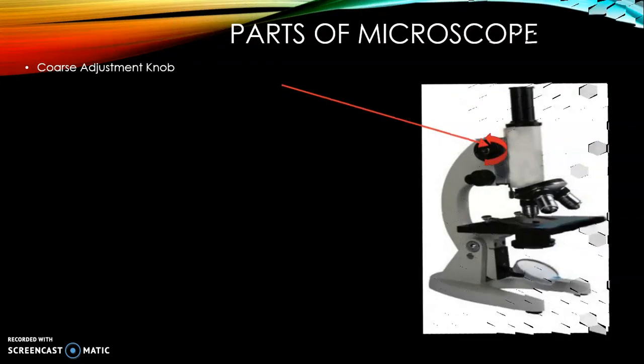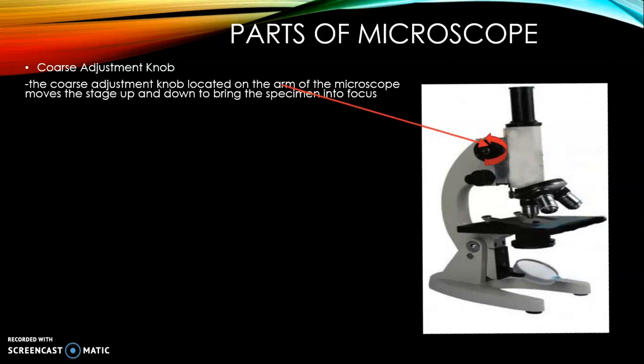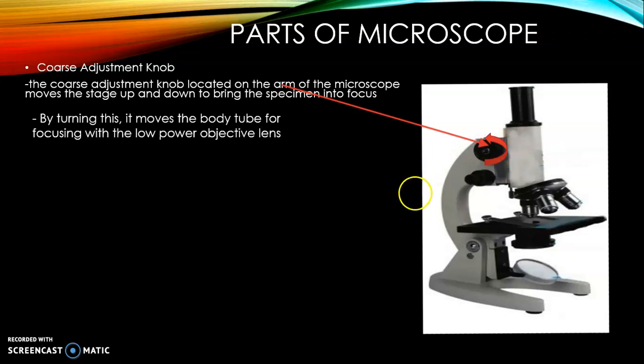Next, the coarse adjustment knob. The coarse adjustment knob, located on the arm of the microscope, moves the stage up and down to bring the specimen into focus. By turning this, it moves the body tube for focusing with the low power objective lens.